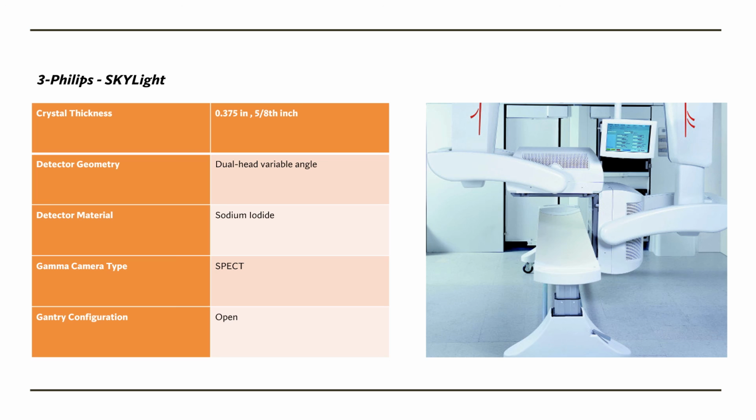Another device, Philips Skylight. Crystal thickness will be 0.375 inch, detector diameter, dual head variable angle, detector material sodium iodide, gamma camera type SPECT, gantry configuration open.